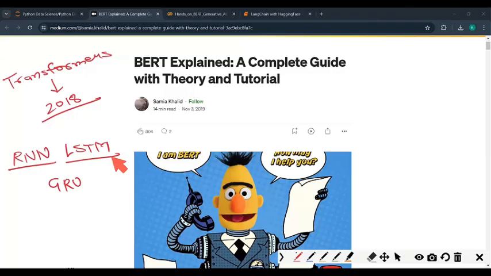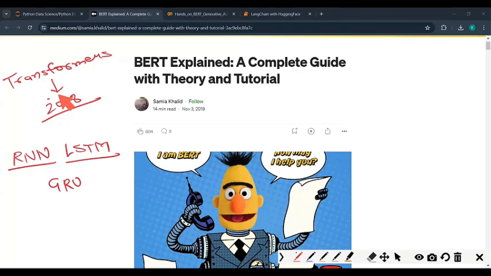It remembers only a very limited context. It can't refer to the entire text while answering something, while summarizing something. They had this problem.